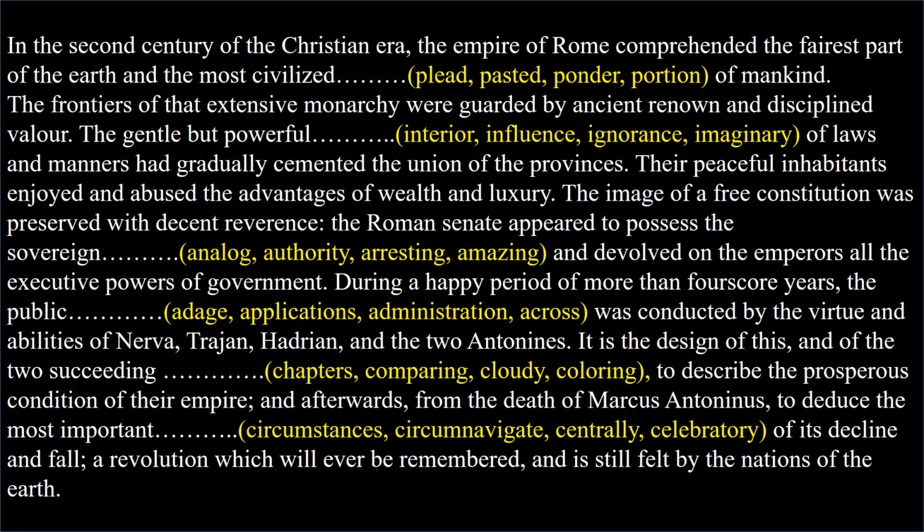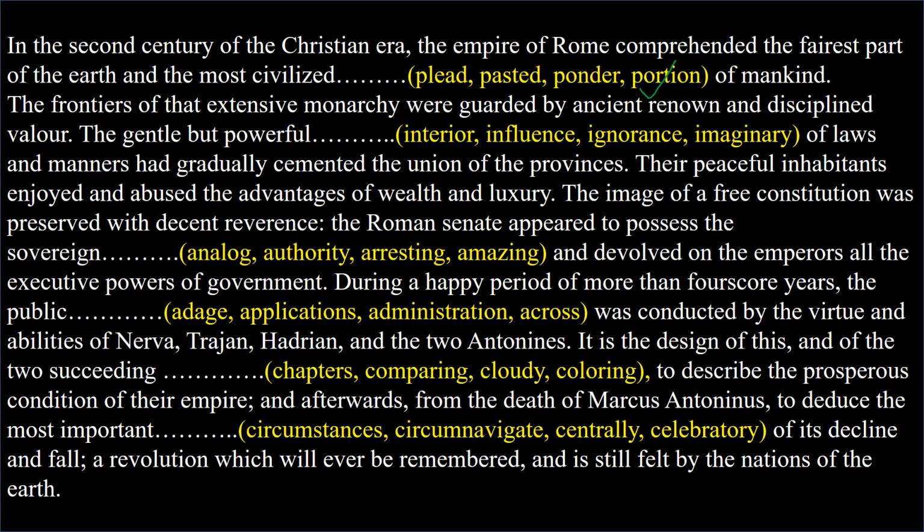In the 2nd century of the Christian era, the Empire of Rome comprehended the fairest part of the earth and the most civilized. And in the bracket you can see plead, pasted, ponder, portion of mankind. So portion will be the correct answer here.